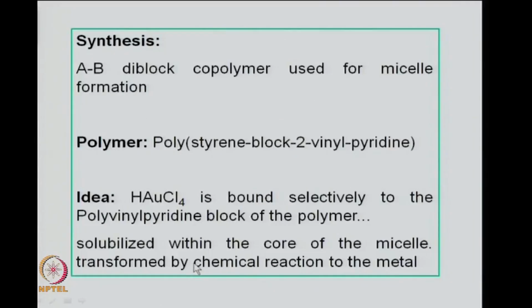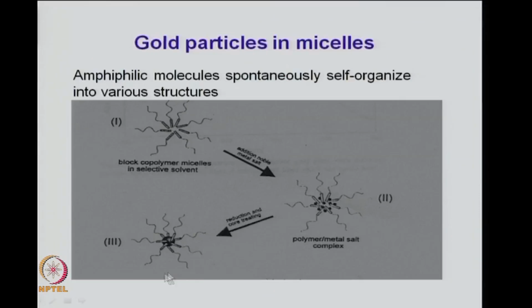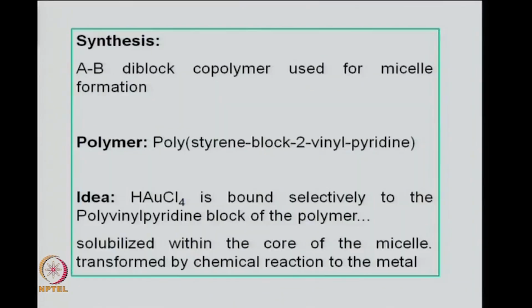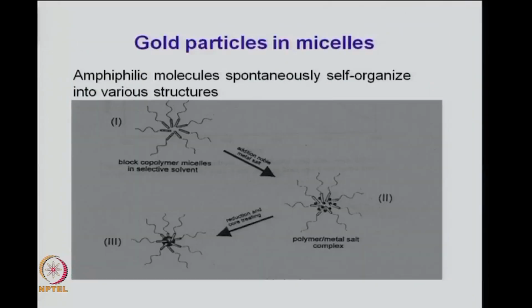The vinyl pyridine part of the polymer is here, and so that is where the salt of the gold gets attached, and then it is solubilized and transformed to the metal by reduction. So, you use a chemical reaction to reduce the gold ions to the metal.